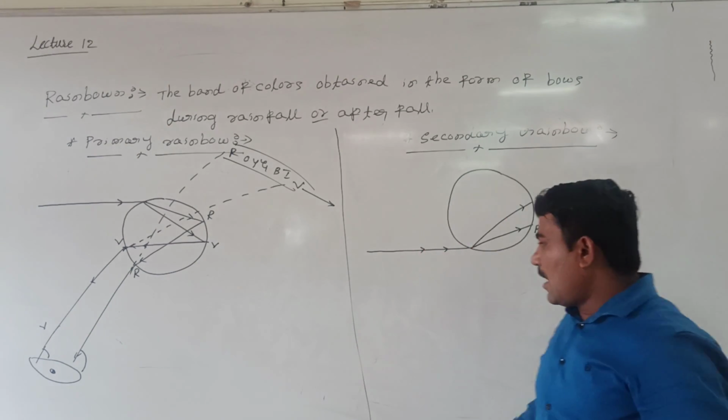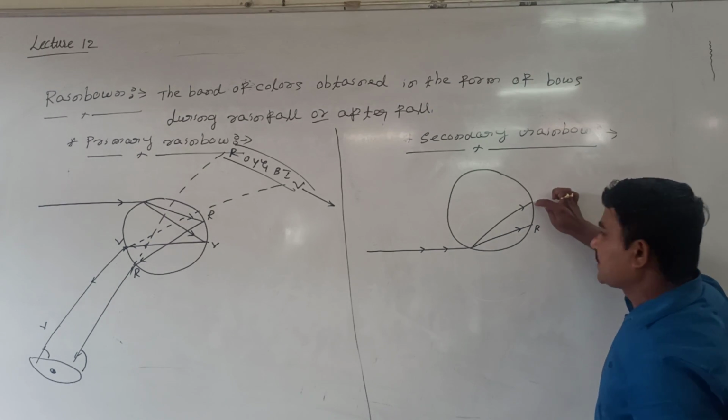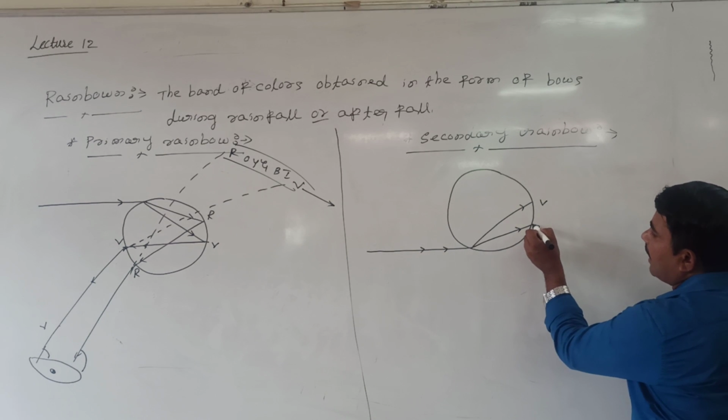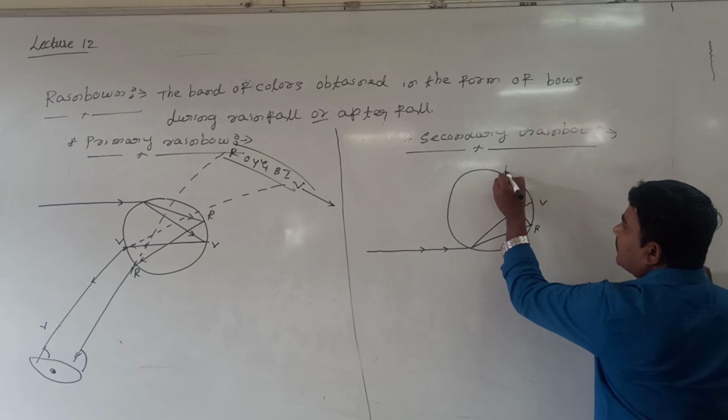But at this point, the angle of incidence is greater than the critical angle, so total internal reflection is possible, and red light comes here.